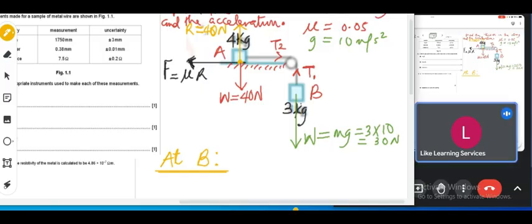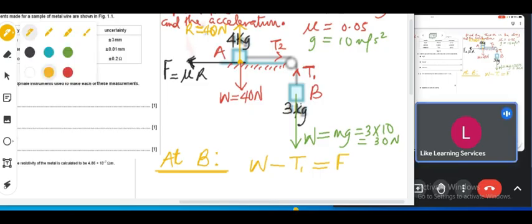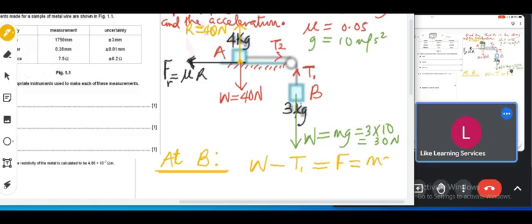So at B, weight W minus T1, from Newton's second law, must give us the resultant force, isn't it? Let me call it FR, so it doesn't look like the resultant force I'm talking about, which is MA.